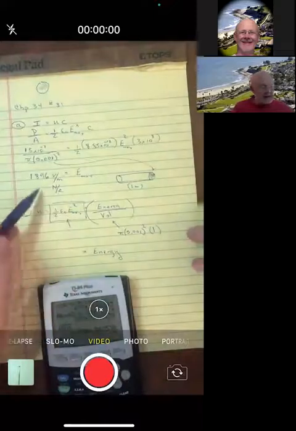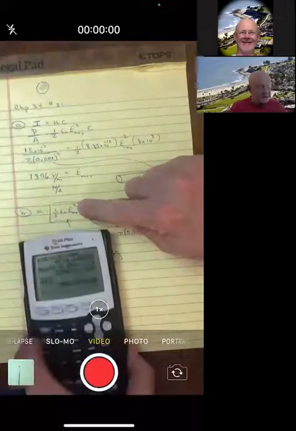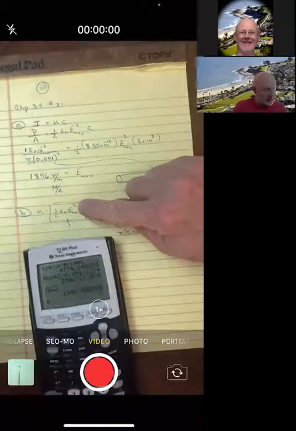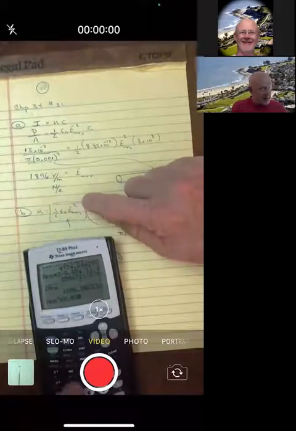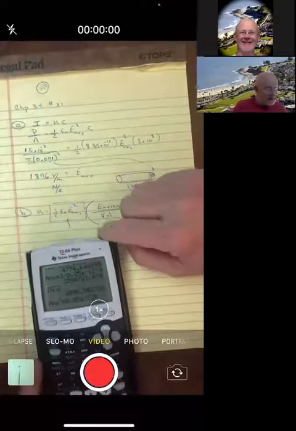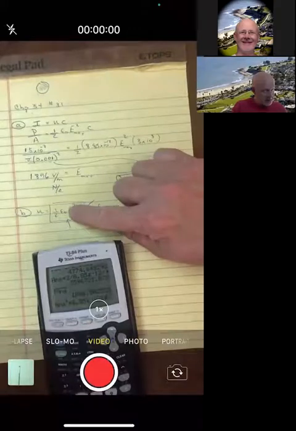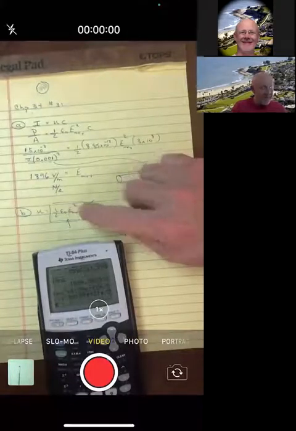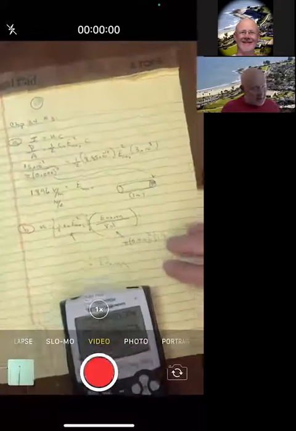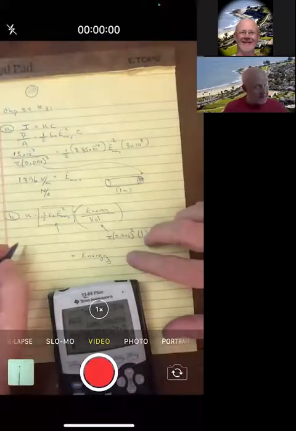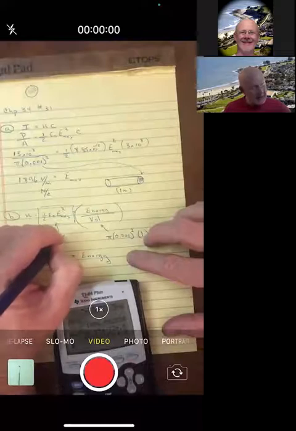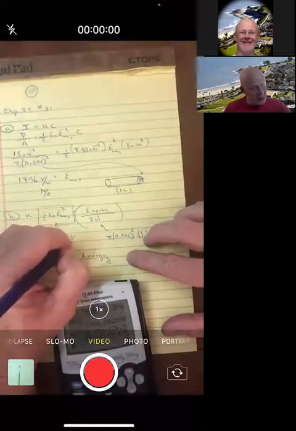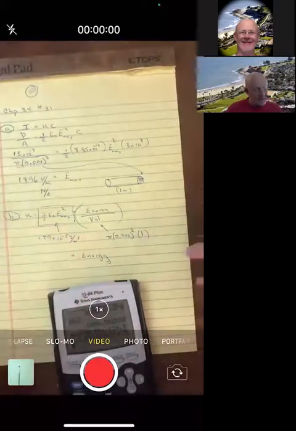So I already have the electric field from the calculation in A, so let me square it. I'll multiply it by the permittivity of free space and multiply that by 1/2. So here's the energy density, 1.59 times 10 to the negative 5, and that'd be joules in 1 cubic meter.